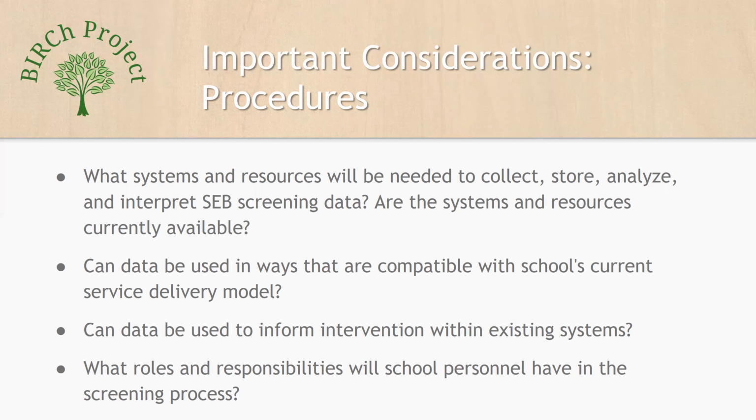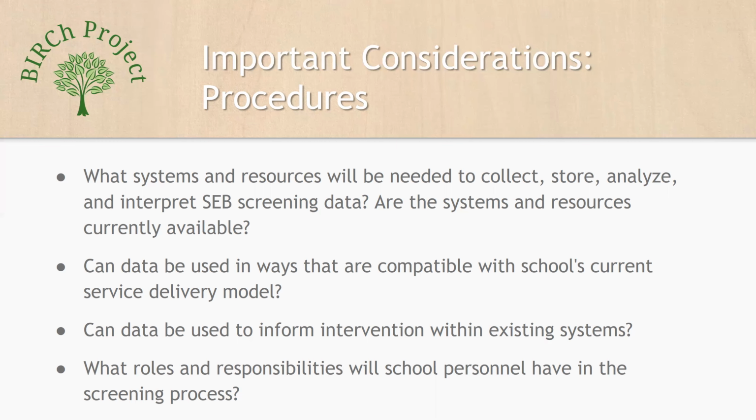So ideally, if you are going to conduct SEB screening, you should be able to connect the students who are identified through screening to social, emotional, and behavioral supports. We don't want to identify students and then not be able to help them. So one of the things to consider is the extent to which your screening tool aligns with the interventions you have available.